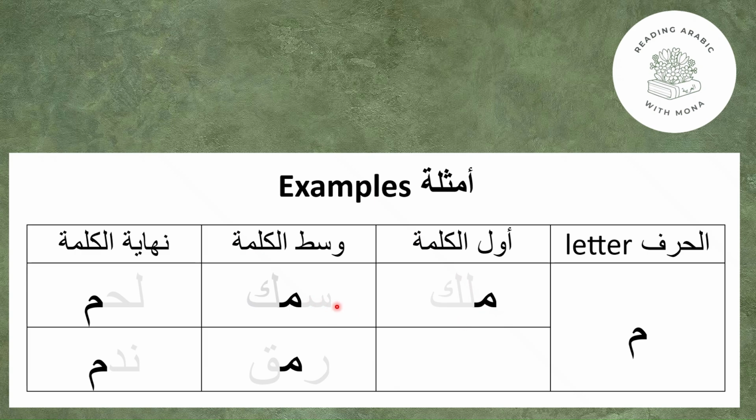Beginning of a word, and this is the medial position, and this is the final position. And of course, I put two examples here when the meme is preceded by a non-connecting letter. As you can see, in the middle it will take the shape of the initial position, and at the end, it's completely isolated without any extension like here.